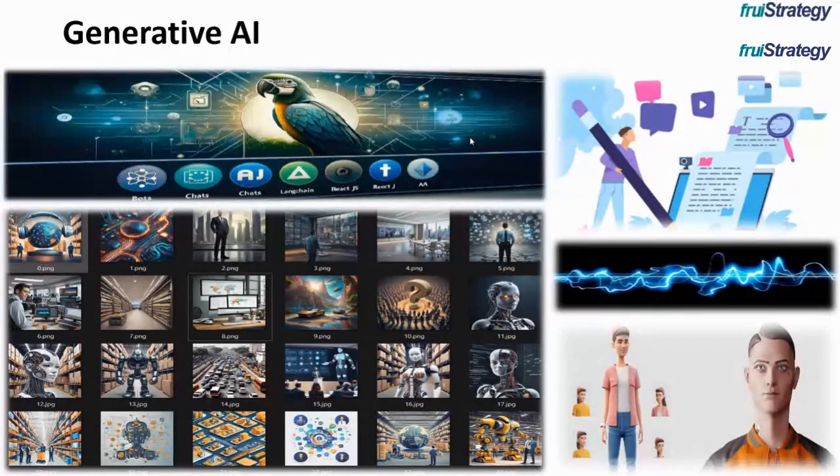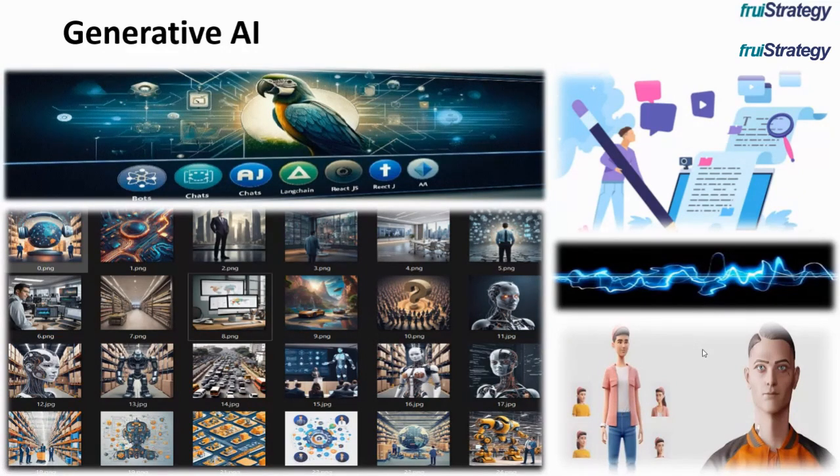It is all context based: whatever information you provide, it is going to generate a new image from scratch every time. So whatever images or content you want to generate, or any audio files, video files, or 3D images, you can use Gen AI, or generative AI.